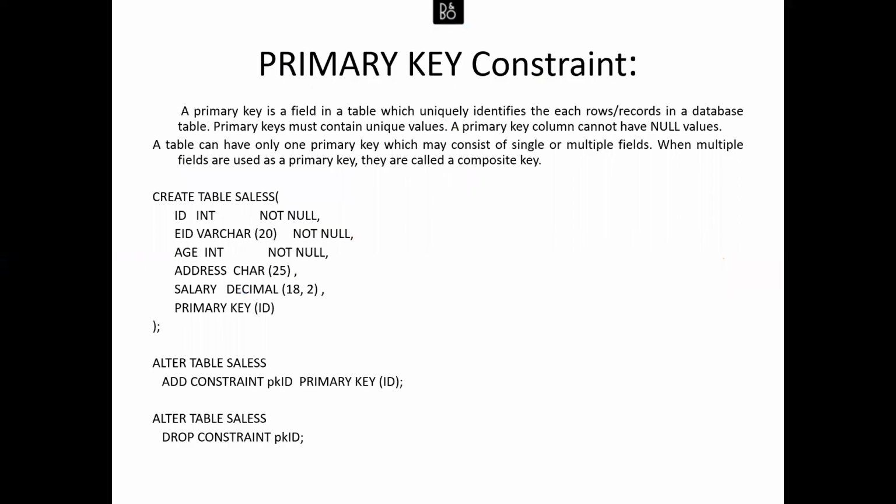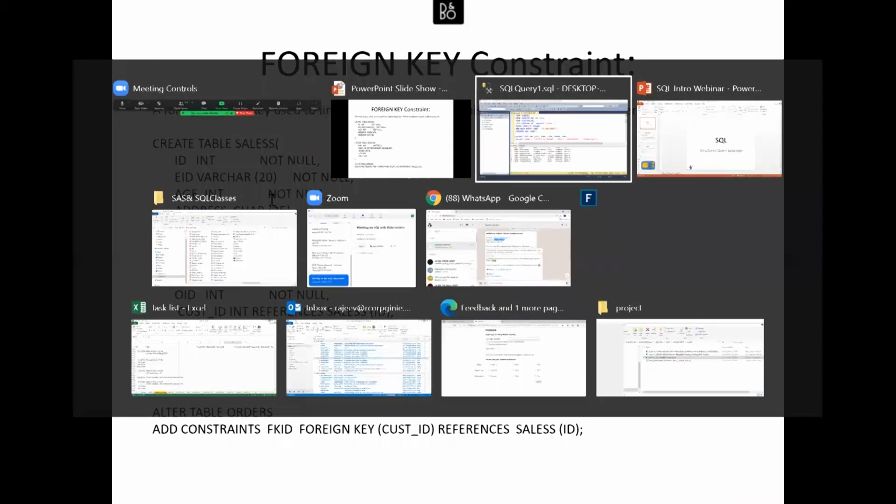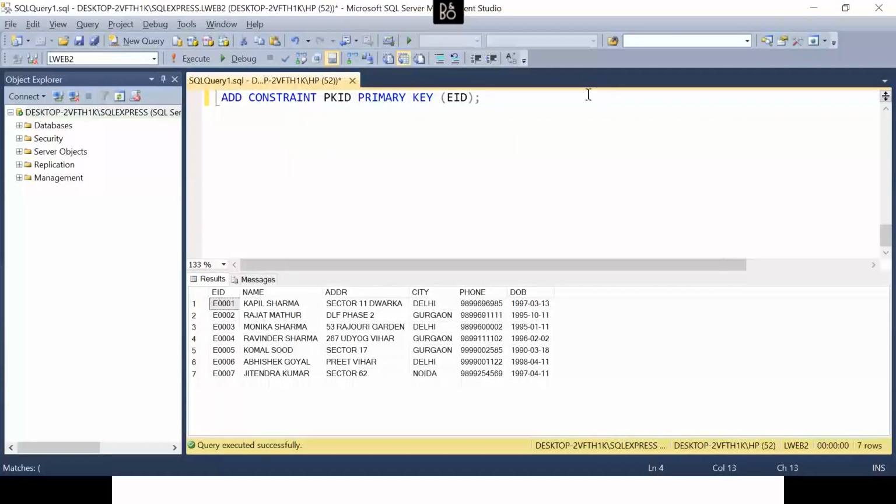I hope it's clear. The next constraint we have is the foreign key. Foreign key is used to relate the two tables, and for that, let me quickly create another table over here. Create table.